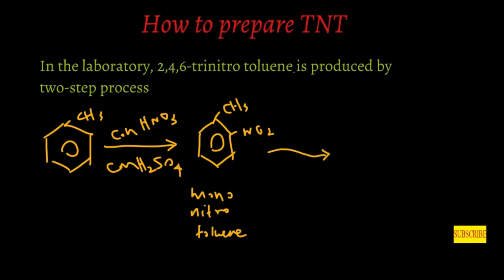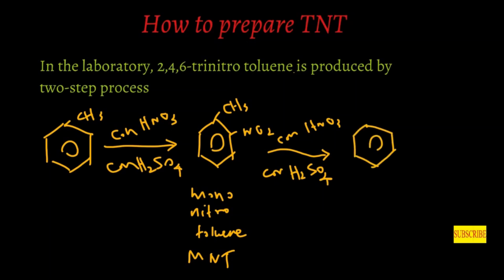Thereafter, we need to react this mononitrotoluene with the same concentrated HNO3 and concentrated H2SO4. Also, this mononitrotoluene can be simply called MNT. Thereafter, we need to make DNT, that means dinitrotoluene.